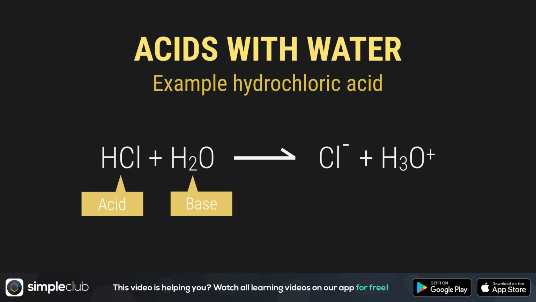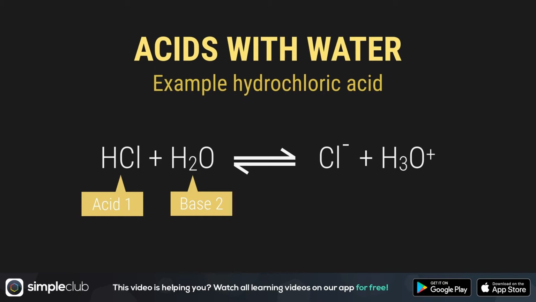Now, let's move on to the general terms we use for this. The acid here is called acid 1. Water is our base, and it's called base 2. Why 2? Well, you'll find out in a sec. If we now look at the right side, we will find a Cl-. This is perfect for accepting an H+. On the other hand, H3O+ can easily donate another H+, for example, to the Cl-.